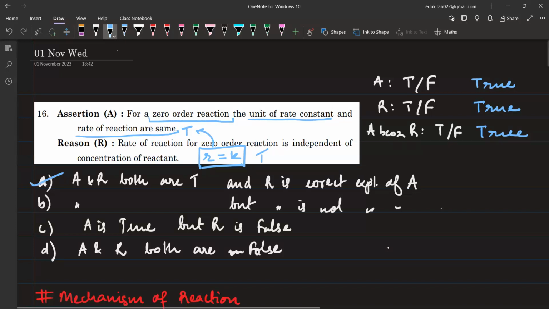How did you end up writing D? Sir, I read both A and R are true. Okay, fine. It is false. हमने मतलब दिया क्या? We write it properly. It is false.